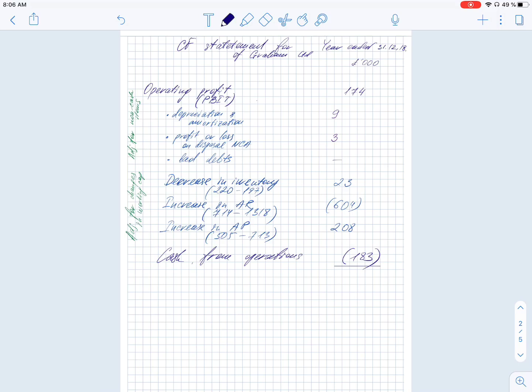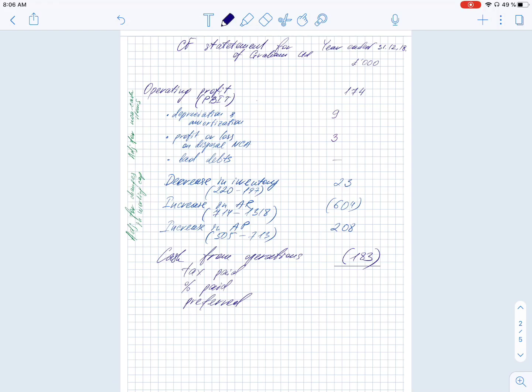I'm talking about tax paid during the period, interest paid during the period, and maybe preferred dividends paid, because preferred dividends are treated mostly like interest payments, since you do know that preferred shares are treated like a long-term liability rather than equity of the company. So maybe we can see preferred dividends here. Of course it's not maybe, because I've seen the solution.